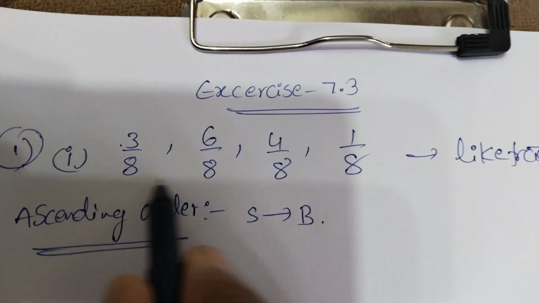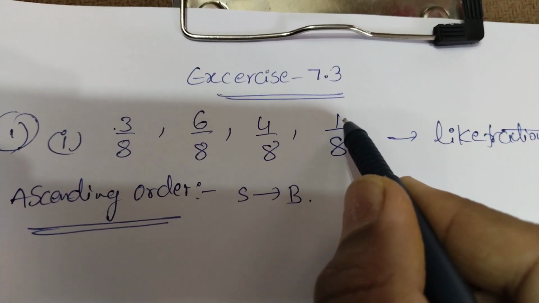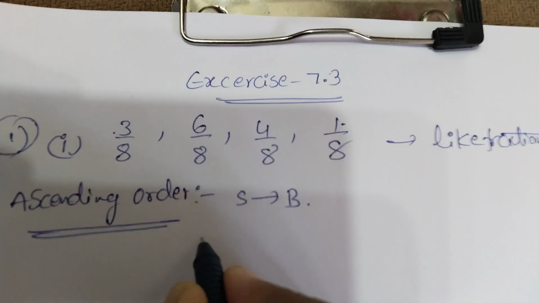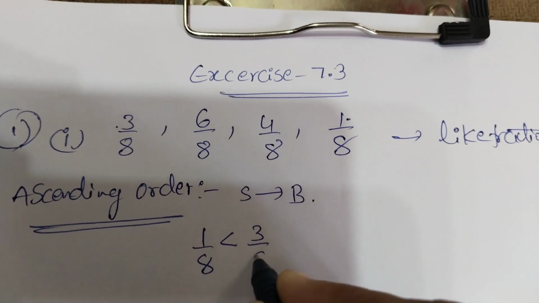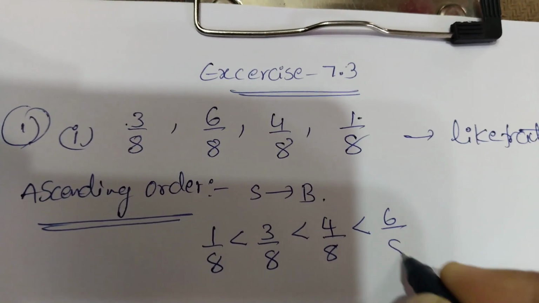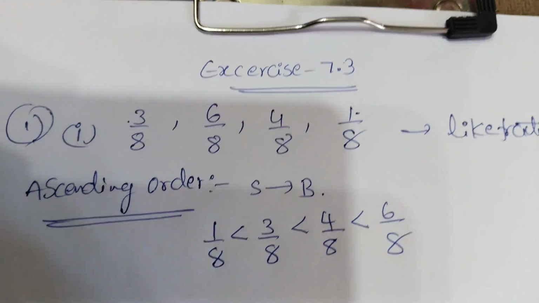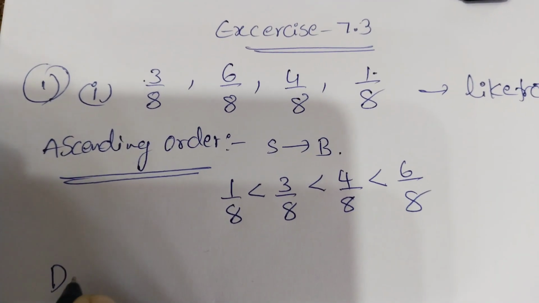These are like fractions, so the numerator with the smaller number is the smallest fraction. So 1 by 8 is less than 3 by 8 is less than 4 by 8 is less than 6 by 8. This is the ascending order of the given fractions. Next, descending order.